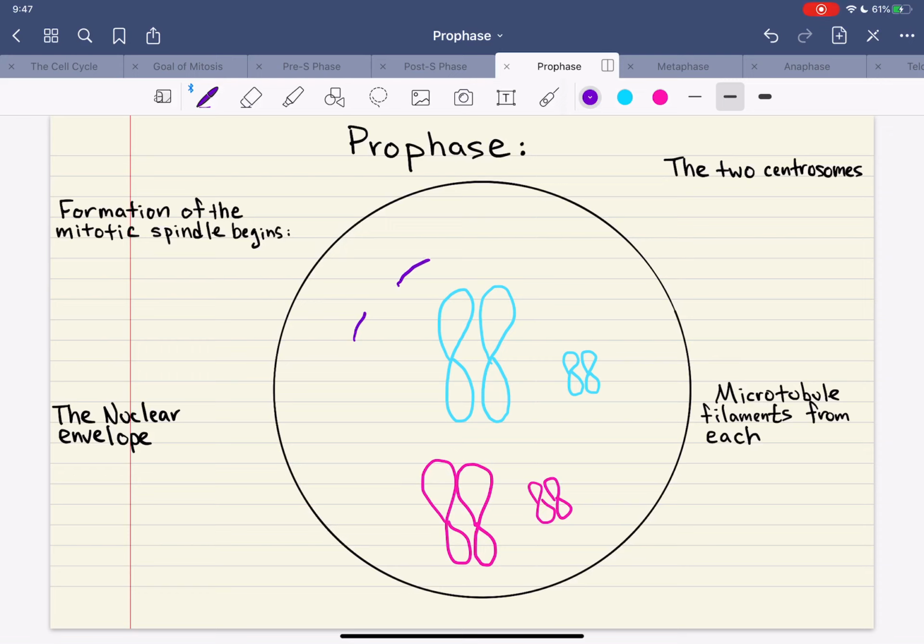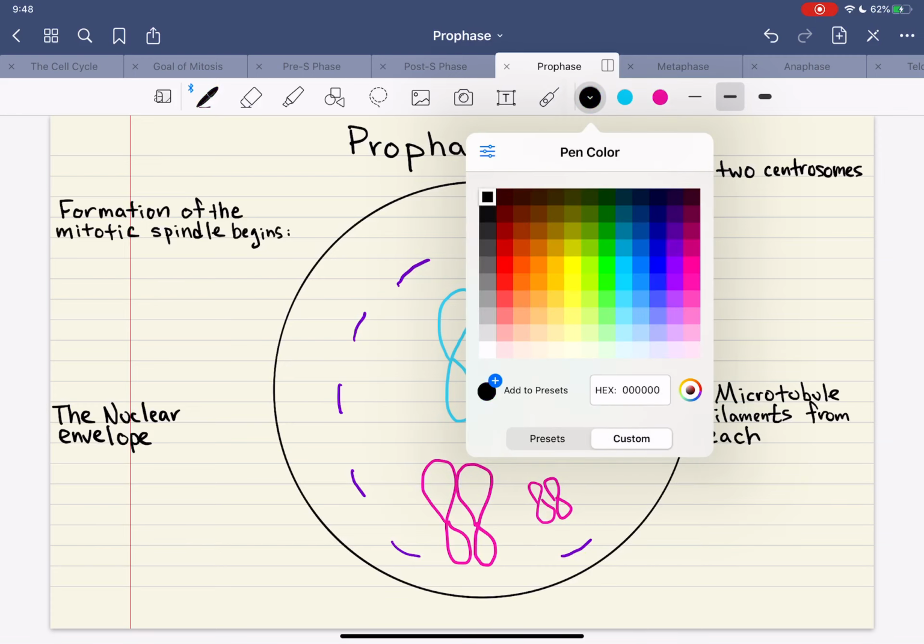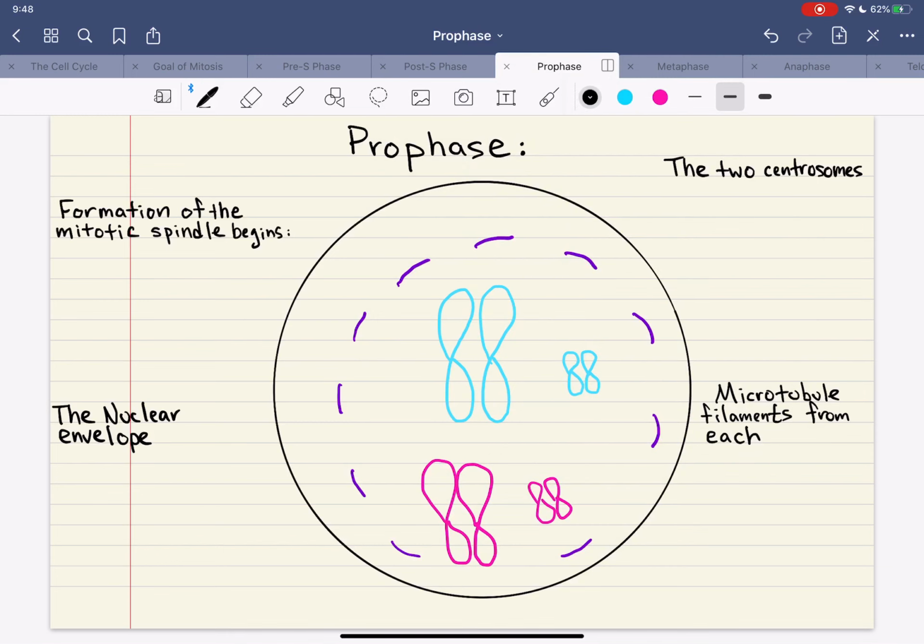So here are the remnants of the nucleus, which I'm drawing in purple. Just the pieces of it that are left over. And now I'm going to draw the centrosomes.